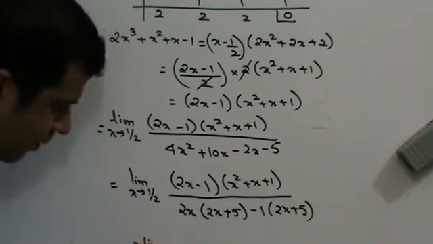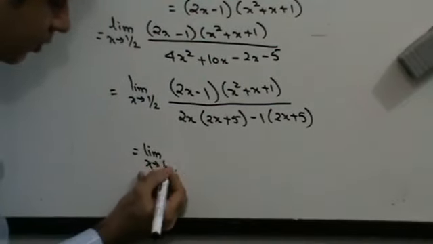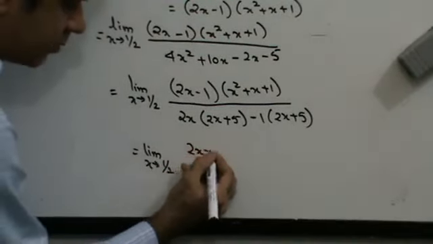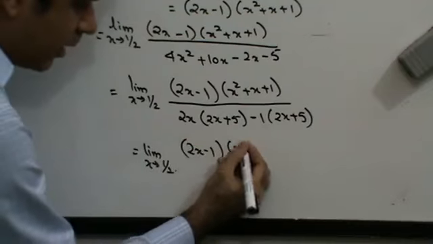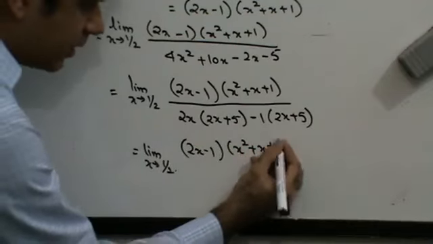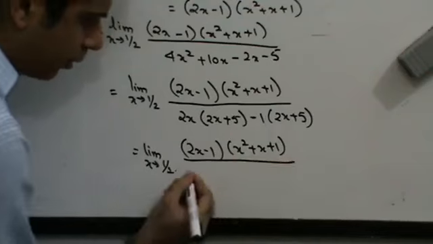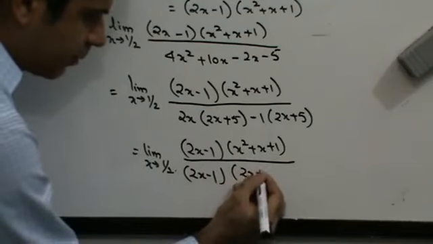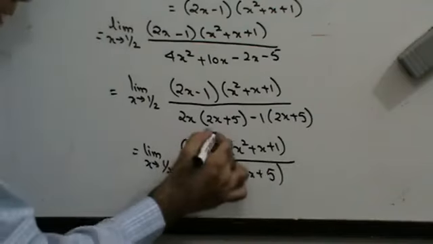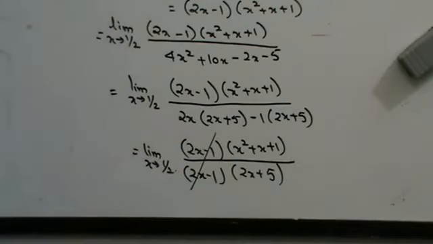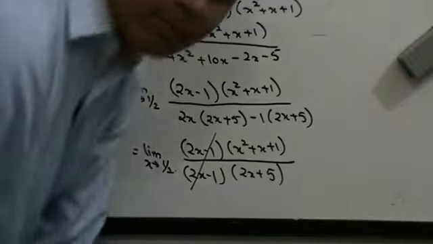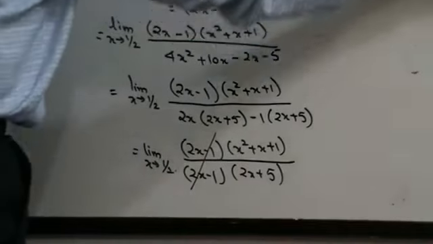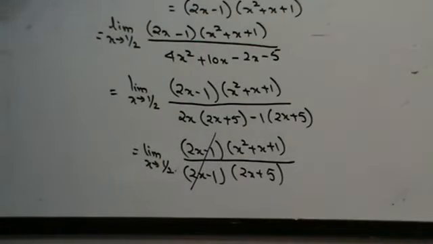This is going to be limit of x tends to half, (2x minus 1)(x square plus x plus 1) upon (2x minus 1)(2x plus 5). 2x minus 1 in the numerator and denominator gets cancelled. Once you cancel, then you can solve this way.